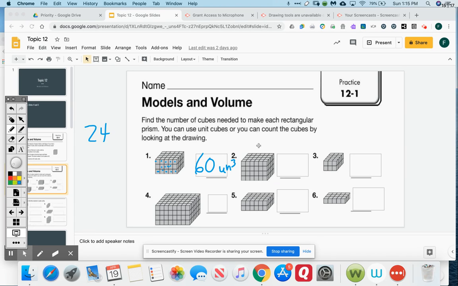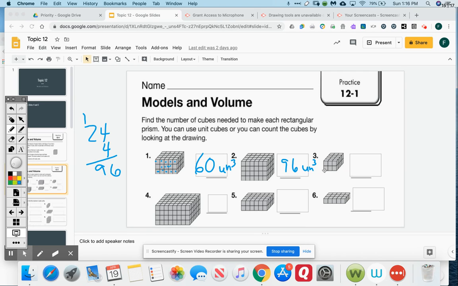Now, how many layers do I have? I've got 1, 2, 3, 4. So 24 times 4. 4 times 4 is 16. I carry my 1. 2 times 4 is 8 plus 1 is 9. So again, 96 units cubed.